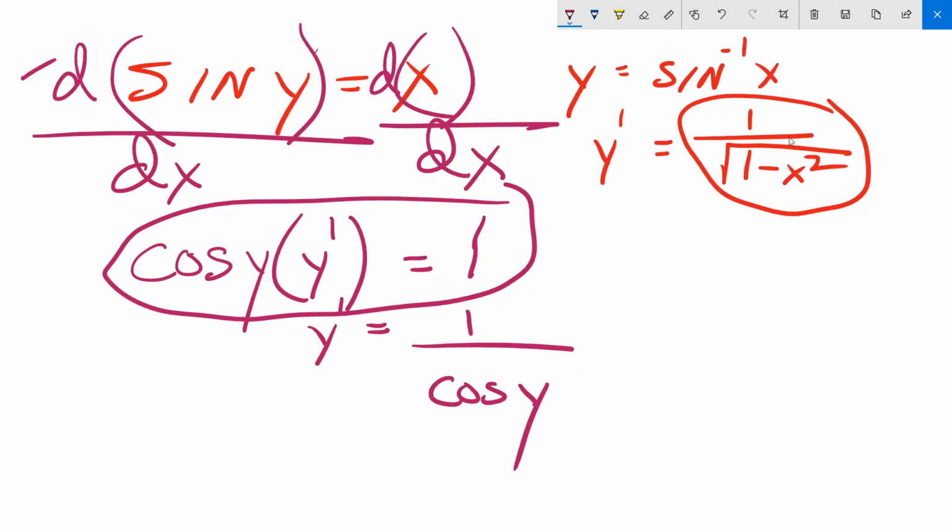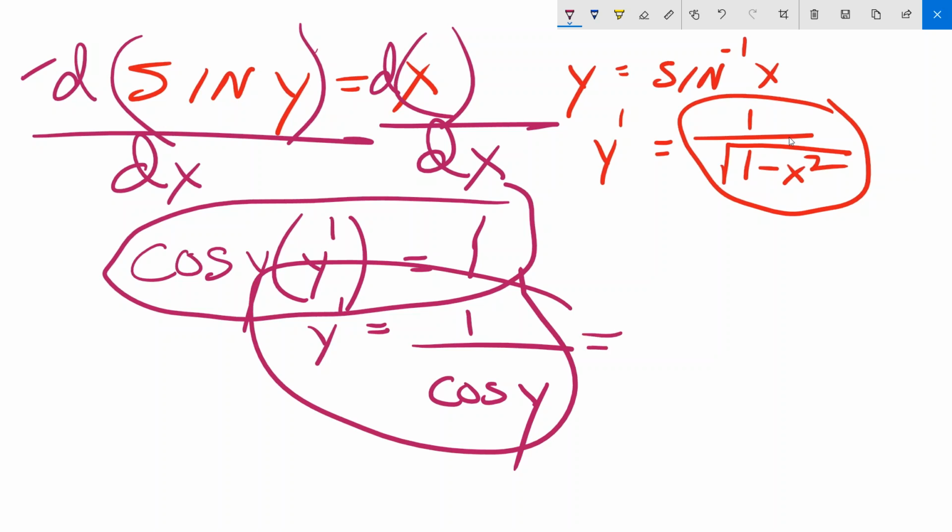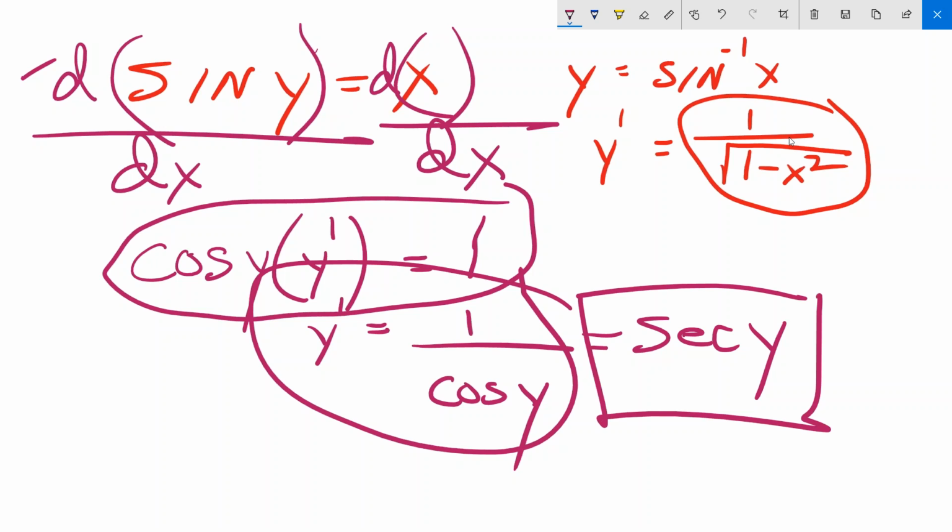But just for the sake of learning implicit differentiation, I can make that statement there, and that's actually secant of y. So y prime, if you follow the rule where you never want a trig function in your denominator, which I don't know that you can always follow, but certainly in this case, I'm always going to give the answer like that.